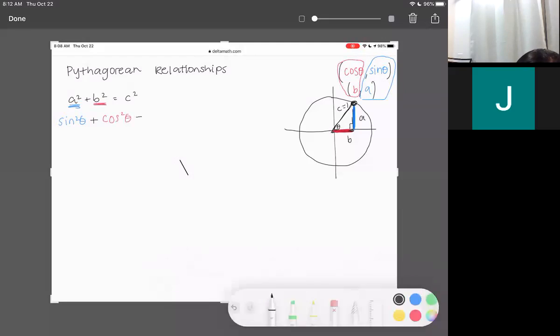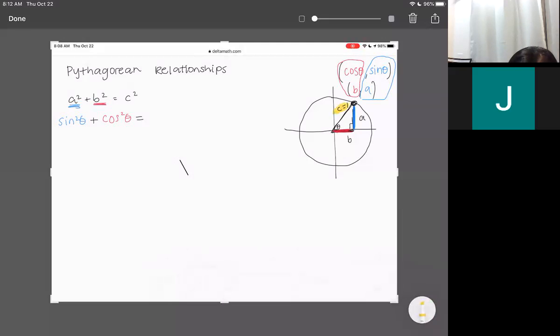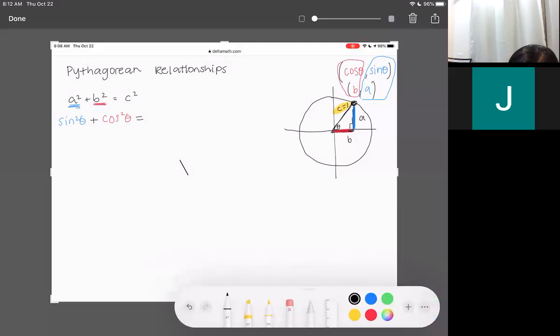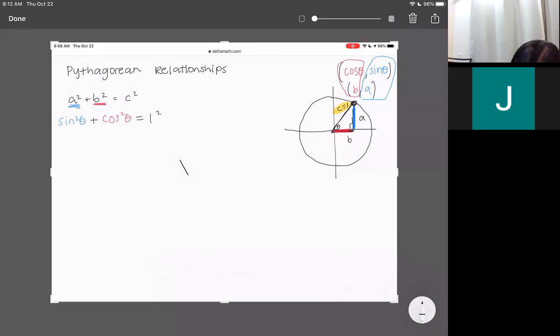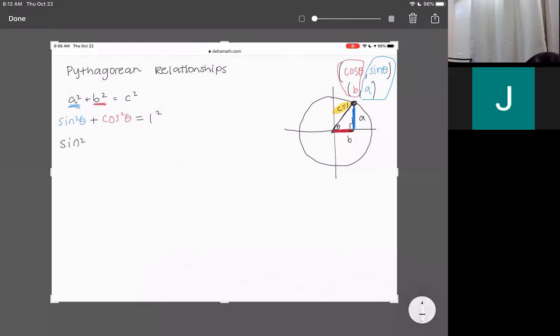And then equals, and according to our unit circle, c is 1, so I'm going to write equals 1 squared. So sine squared plus cosine squared equals 1 squared. So that's one of them. Sine squared theta plus cosine squared theta equals 1. 1 squared is just 1, so I simplified it there.